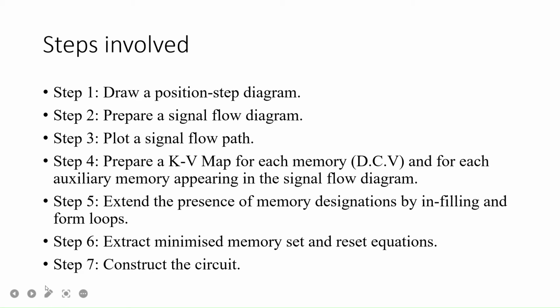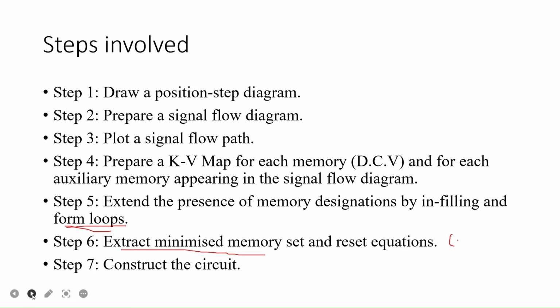In the next step, extend the presence of memory designation by infilling and form loops. The next step is to form loops in the dedicated memory KV maps, extract the minimized memory set and reset equations, and construct the circuit finally.